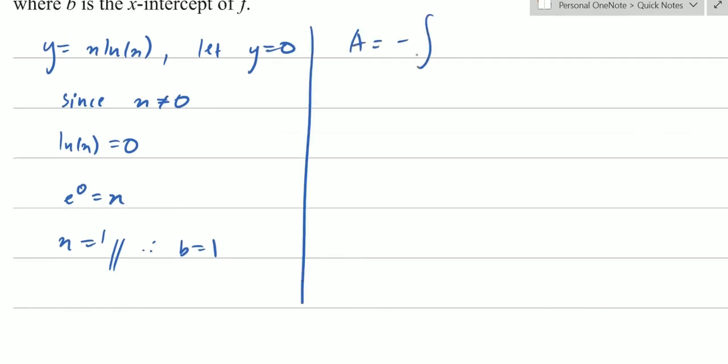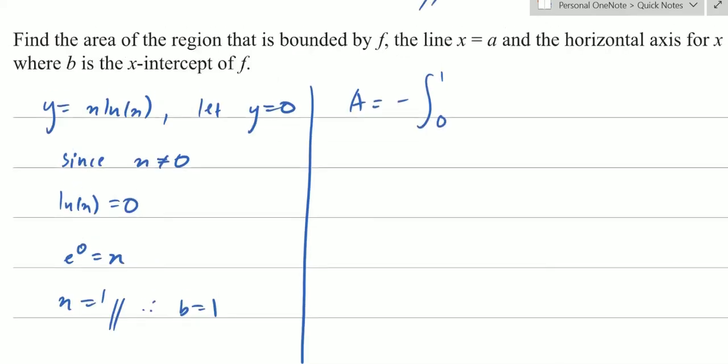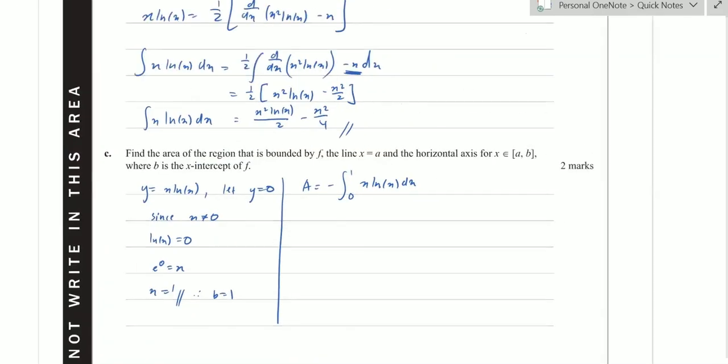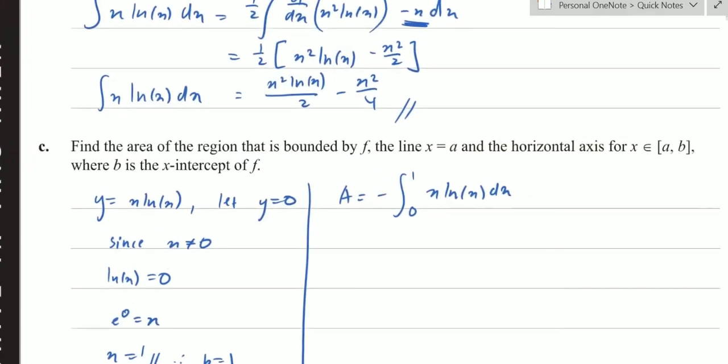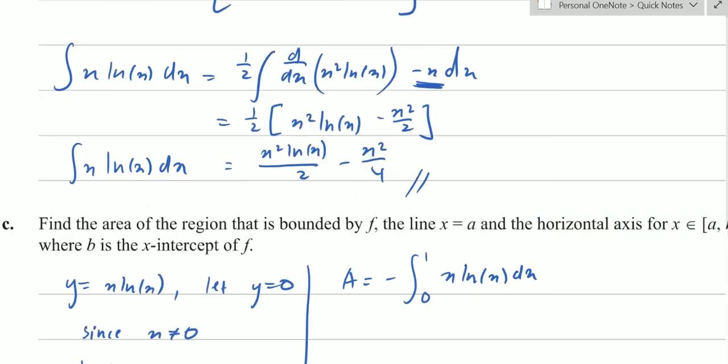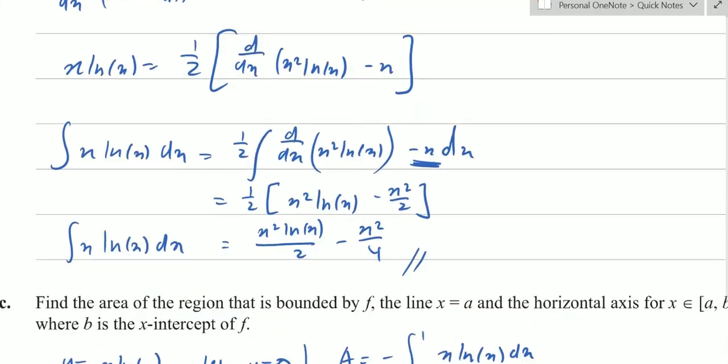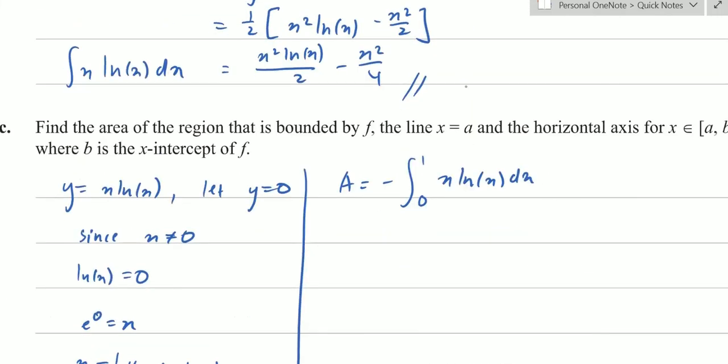So now we can actually write out our integral. It's going to be negative because we saw that the area would be negative. b to 0, f(x) dx, so x ln x dx. And this is why they call it integration by recognition, because you pretty much just have to recognize that you've already, actually this part is the recognition part. You already did that in this question.